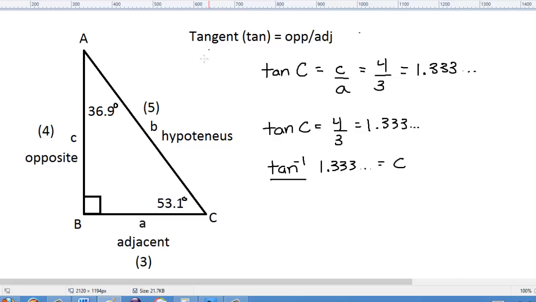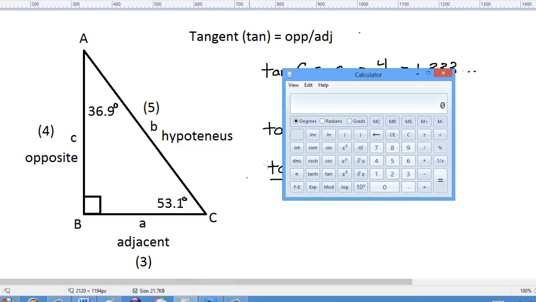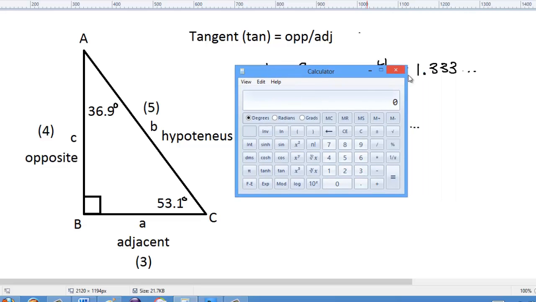I would demonstrate this on the Windows calculator, but you can see the Windows calculator does not have that. The tanh, these are hyperbolic tan, sine, and cos, not the reverse of them. So you'll just have to trust me, or you can work it out on your own calculator.